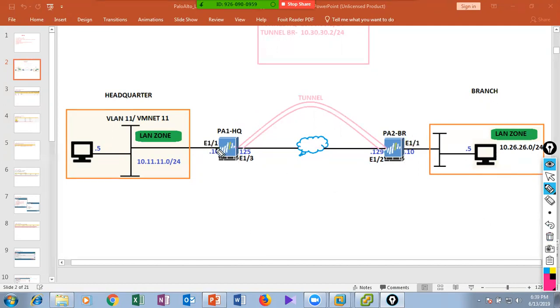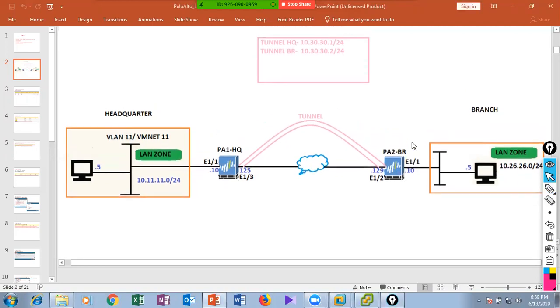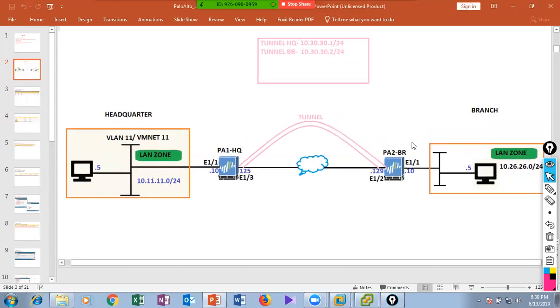Make sure you are reachable to your internal network, and from the branch office as well. Here the concept of tunneling is a little different. We work with a virtual tunnel. You have to create tunnel interfaces, and those tunnel interfaces should be in the same subnet.